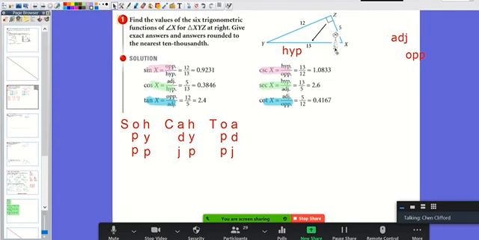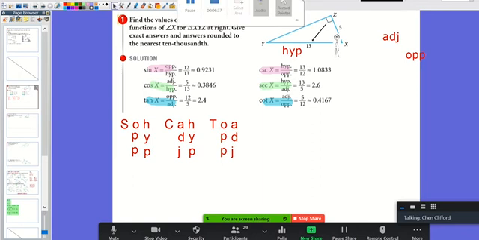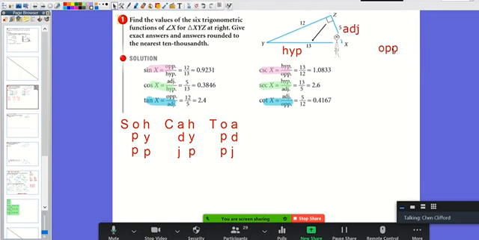And now in this case, adjacent is going to be 5, and opposite is going to be 12, because adjacent is right next to the stick figure. 5 is right next to the stick figure, and 12 is across. So that's that.